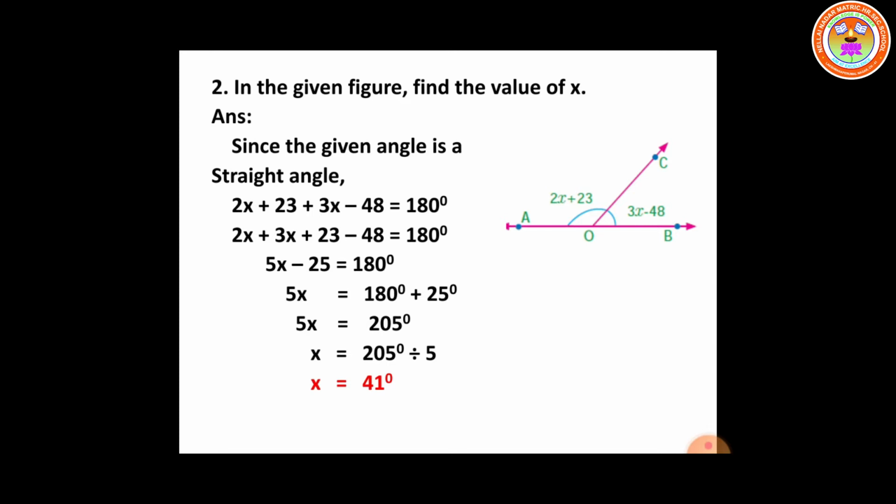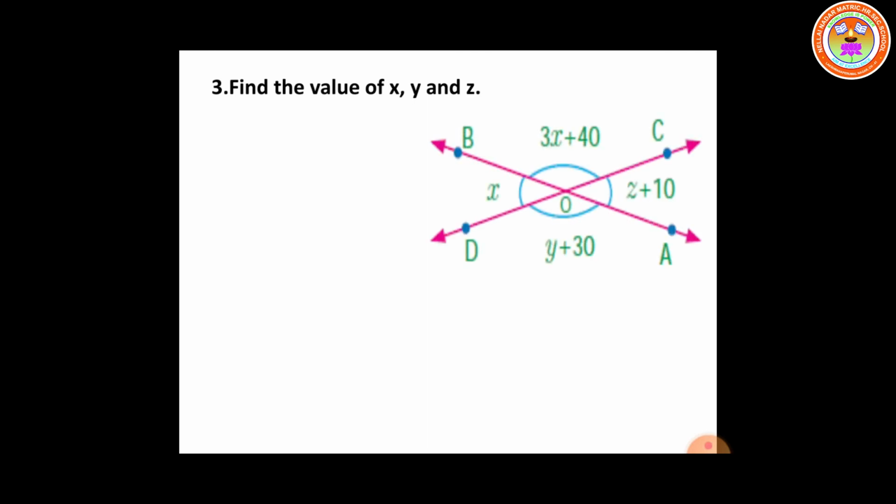Third one. Find the value of x, y and z. See that line BO and line OC are intersecting at point O. Those are x, z plus 10 vertically opposite angles, 3x plus 40 and y plus 30 vertically opposite angles.